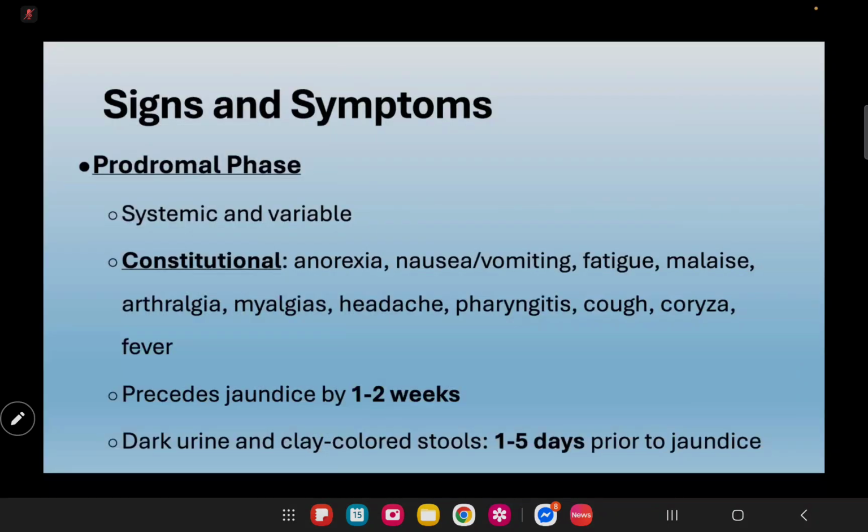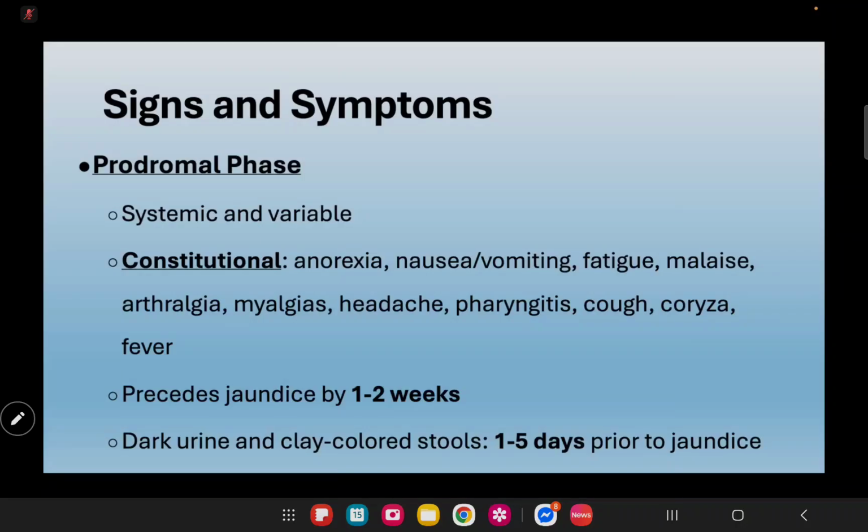For the signs and symptoms, clinically, acute viral hepatitis progresses through distinct phases. The first one is the prodromal phase, also called the pre-icteric phase. So before the patient will have jaundice, the pre-icteric phase. The symptoms are systemic and non-specific.